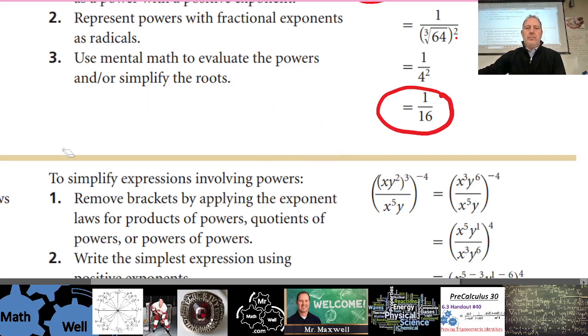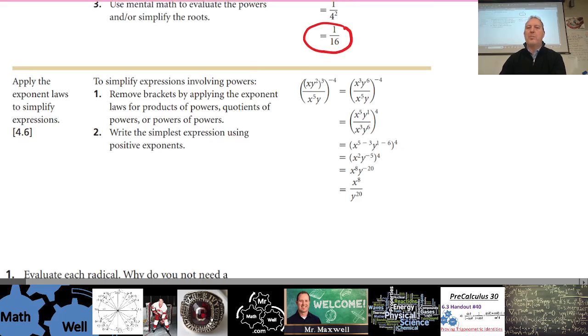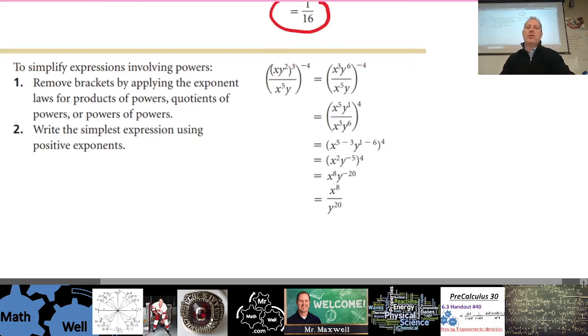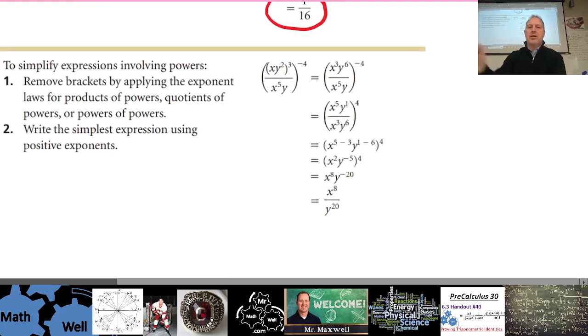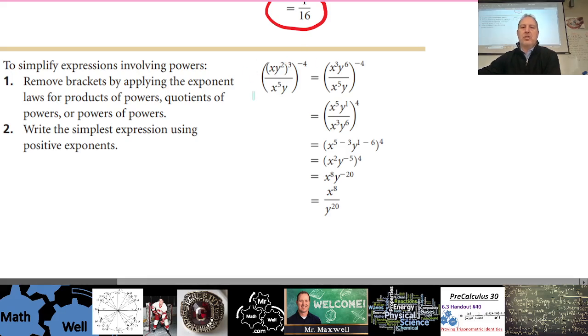Okay. And finally, just in our summary here, this is the 4.61 where we're basically combining everything together, all the exponent laws. We looked at the exponent laws, we're combining them all together. So for a crazy question like this, probably what you want to do is try and simplify things inside the brackets first.